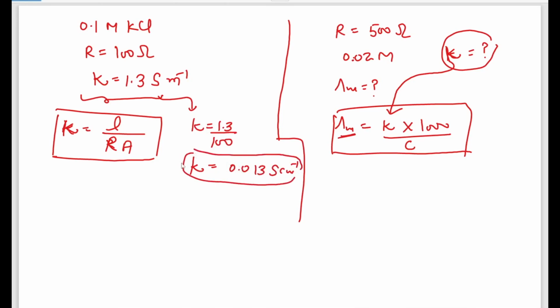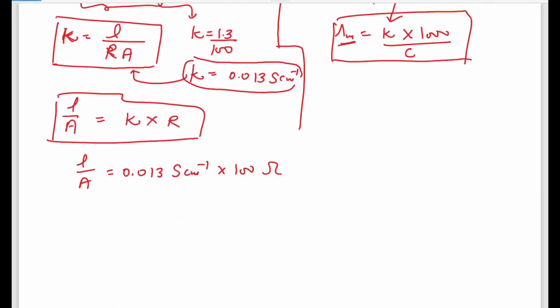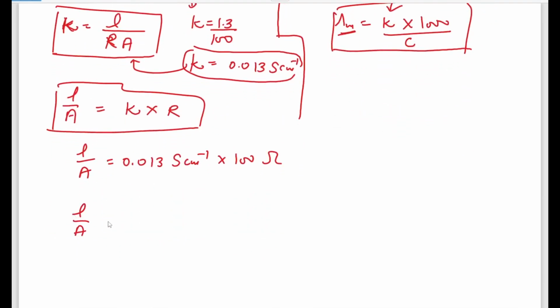Now this value we will use in this expression. Kappa is equal to L over RA. In this case, we will find the value of L over A, that will be kappa into R. Clear? So the value of kappa is 0.013 Siemens per centimeter and the value of R is 100 ohm. So multiply this value and you will find 1.3 per centimeter.